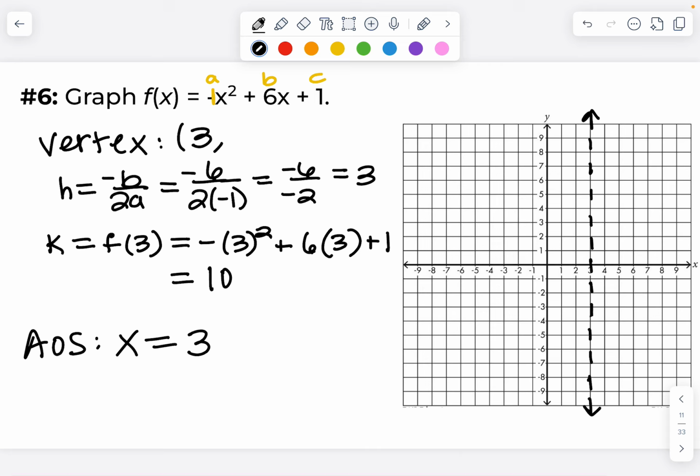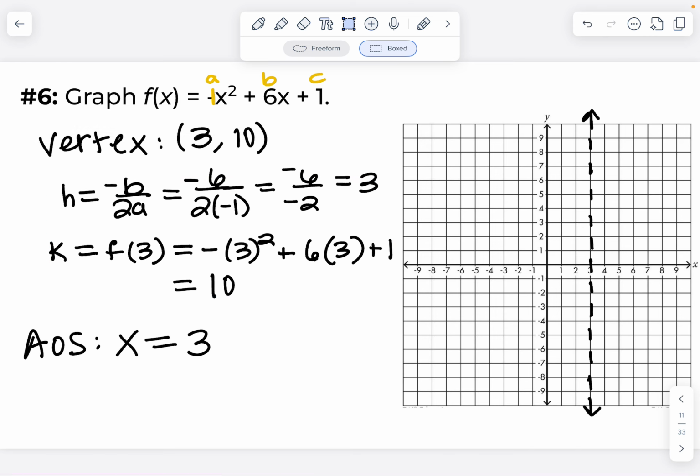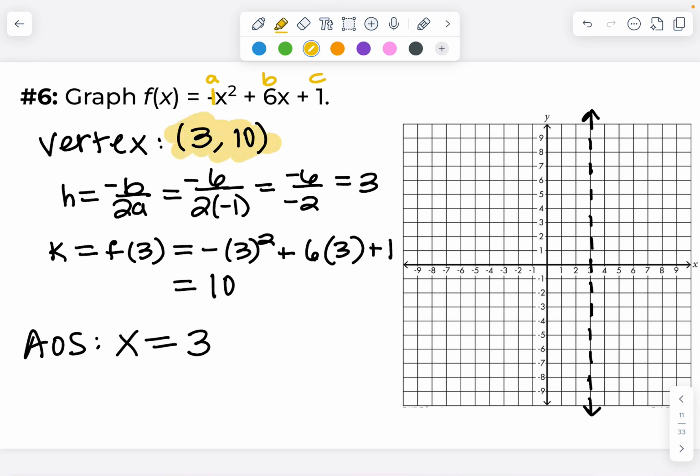So my vertex is going to be at 3, 10. Okay. And I'm going to move this all down just a little bit, I did not get everything that I needed to. All right. So the vertex that I now can plot, all right, is at 3, 10. So that is going to be this point right here.